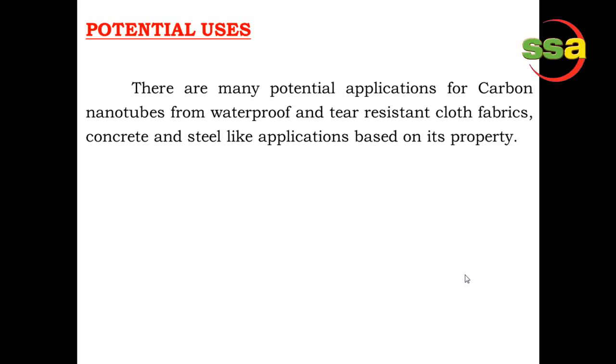That means in some situations we are considering electrical properties, in other situations thermal properties, and in other situations mechanical properties. Based on mechanical properties, the carbon nanotubes are used for some applications. Based on electrical properties, they are used for other applications like this. Anyhow, we just see some of the major applications of these carbon nanotubes.